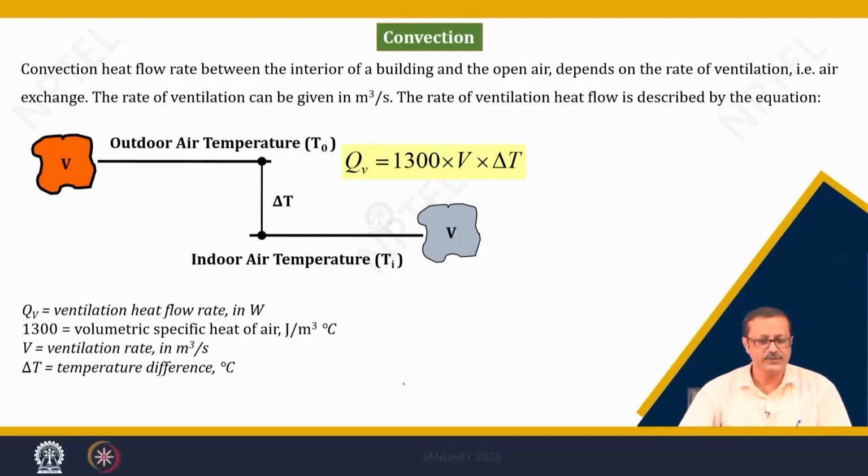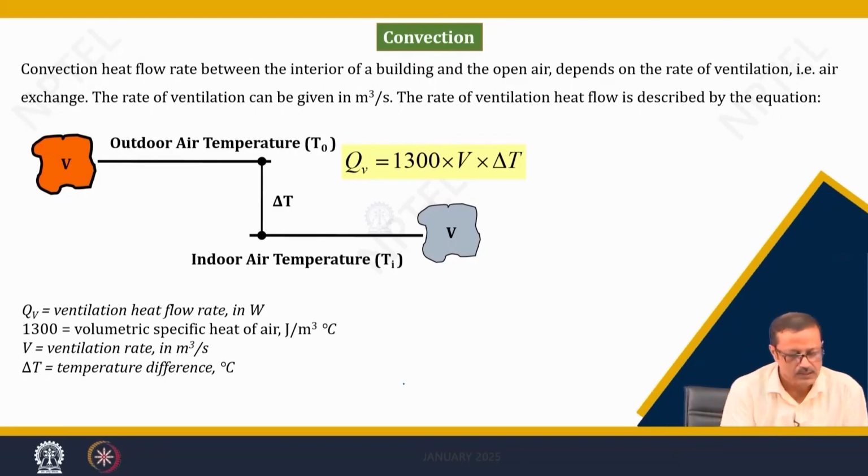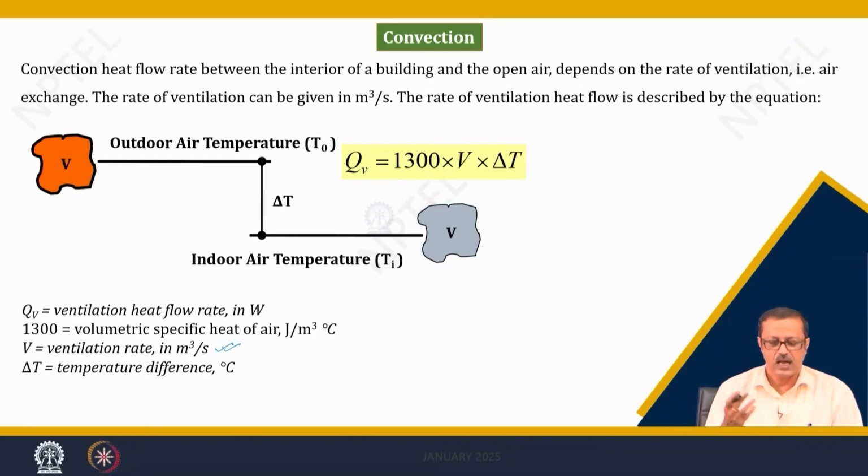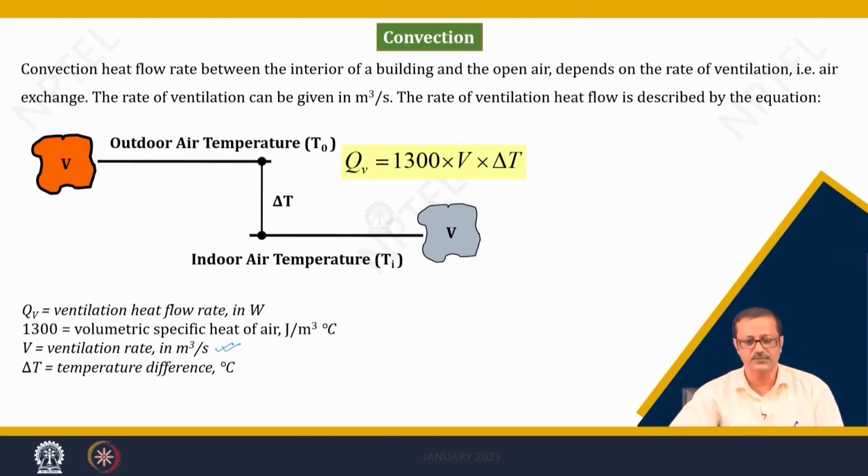So there is a change of the state or temperature of the air from one side to the other. The ventilation rate, if I know it as V, in meter cube per second, how much air is entering a particular space, and if I know the delta T, the temperature difference between the outside air and the inside air, or the treated air and the outside air, because definitely there is a temperature difference, as I do not want the outside air temperature inside from the air conditioning, we have to cool it down.